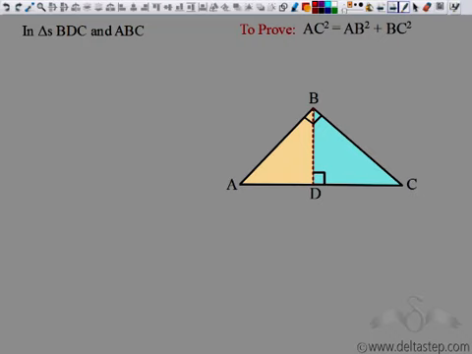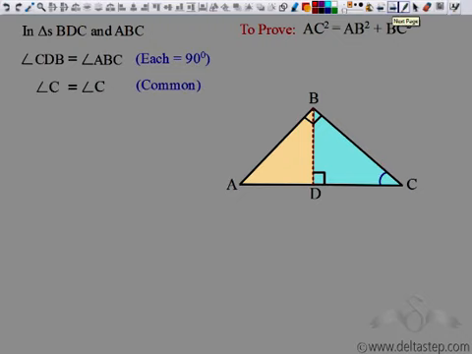So in these two triangles, again angle CDB is equal to angle ABC. Both are 90. Then both these triangles are sharing angle C. This triangle has angle C, and ABC also has angle C. So angle C is common to both of them. So I can say that angle C is equal to angle C because it is common.